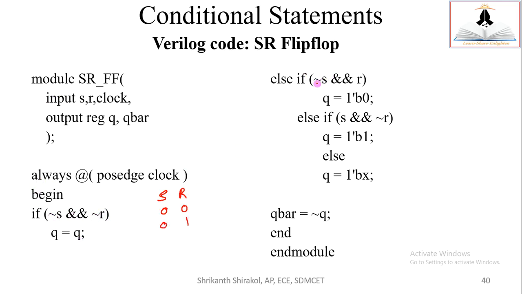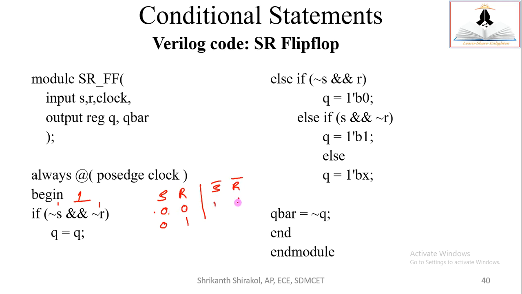If S is 0 and R is 1, this is 0 and this is 1. This is how you need to write 0 and 1. See, if S is 0, R is 0, negation of 0 is 1, negation of R is 1. So totally it is 1. If S is equal to 0, R is equal to 0, this will evaluate to be 1 because this is S bar and R bar.